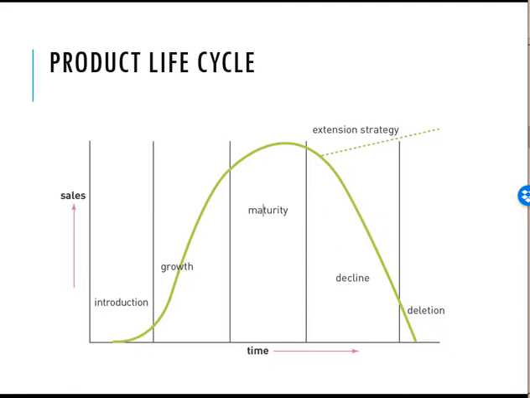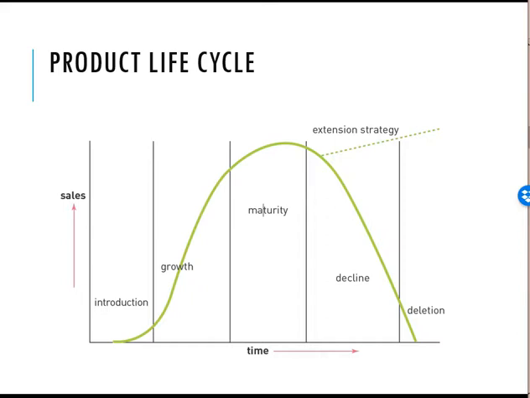Okay, now we're going to switch to the product lifecycle itself. When you see this illustration of the product lifecycle, there are a few things that I want to talk about. First of all, imagine that this is at the product category level, not at a specific brand level.